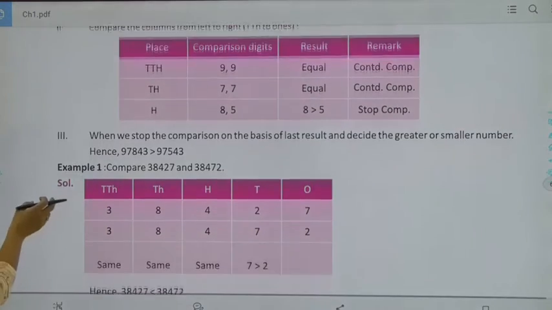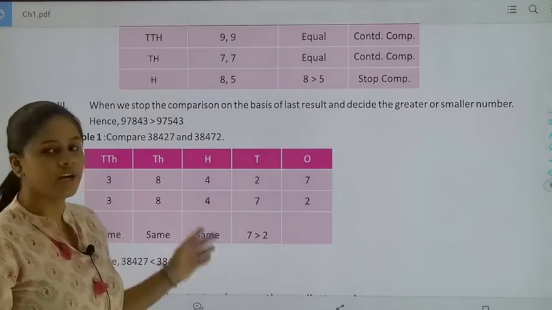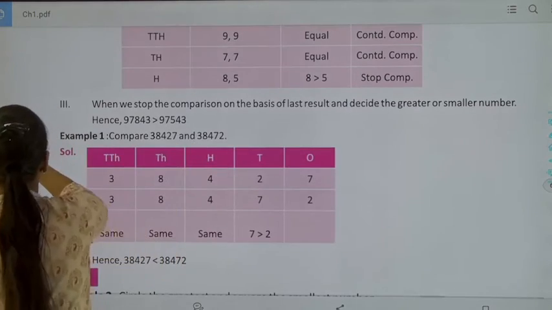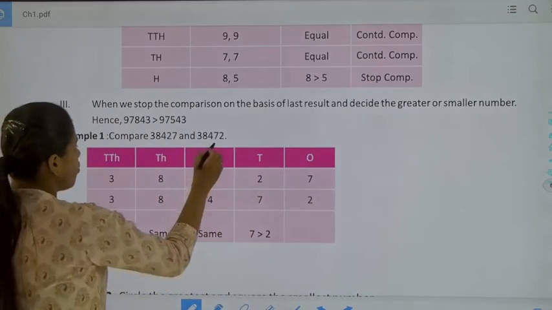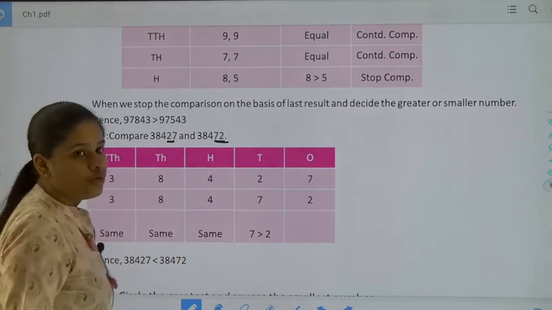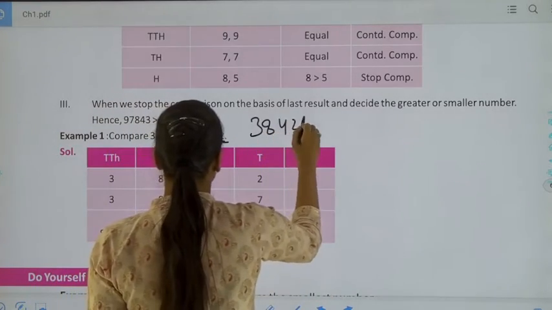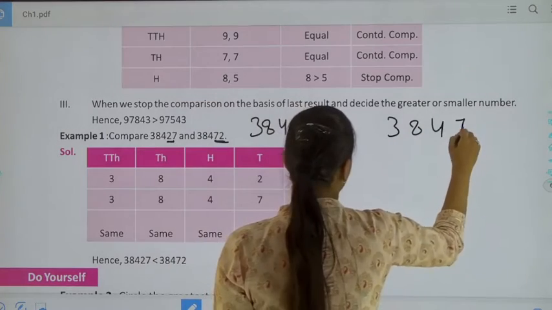Now move to the next example number 1. Again we have to do comparison. That is 38,427 and 38,472. Now we have to do comparison. This is 72 and this is 27. Which one is the greatest? 38,427 and 38,472.